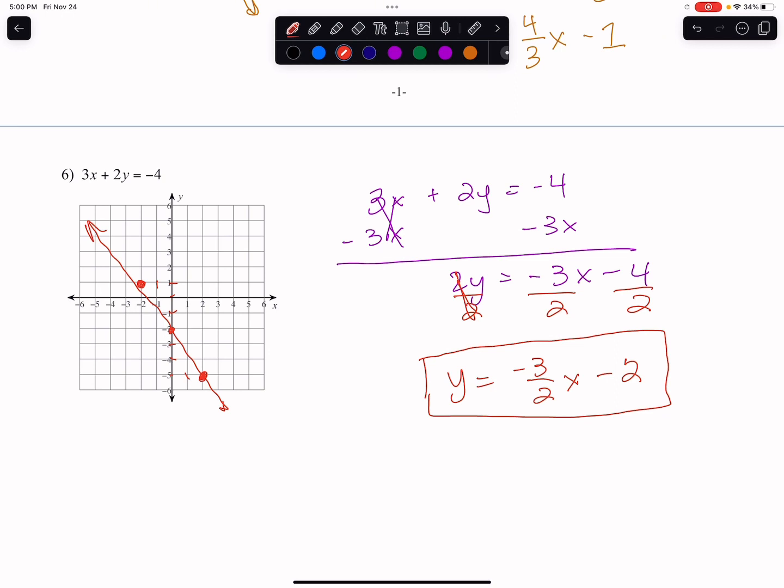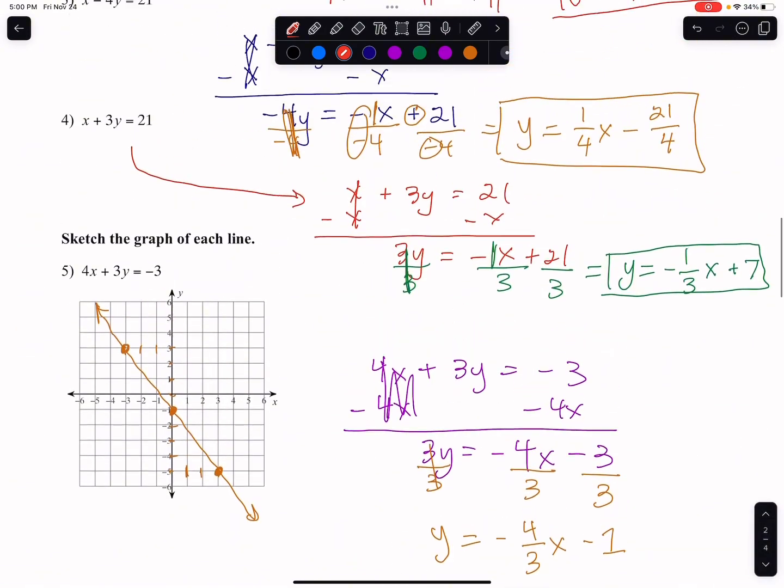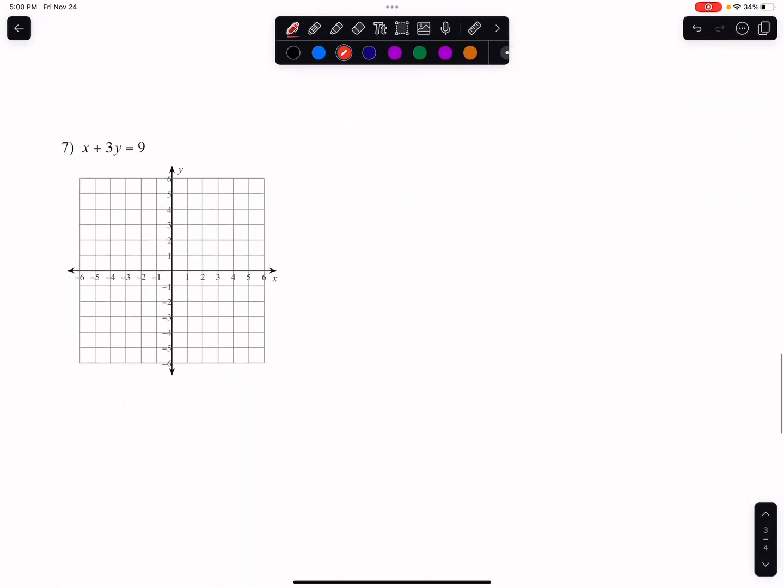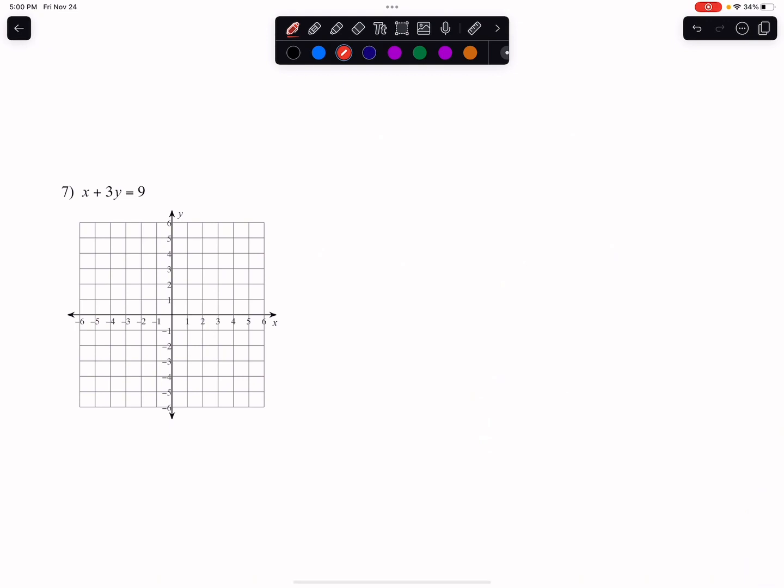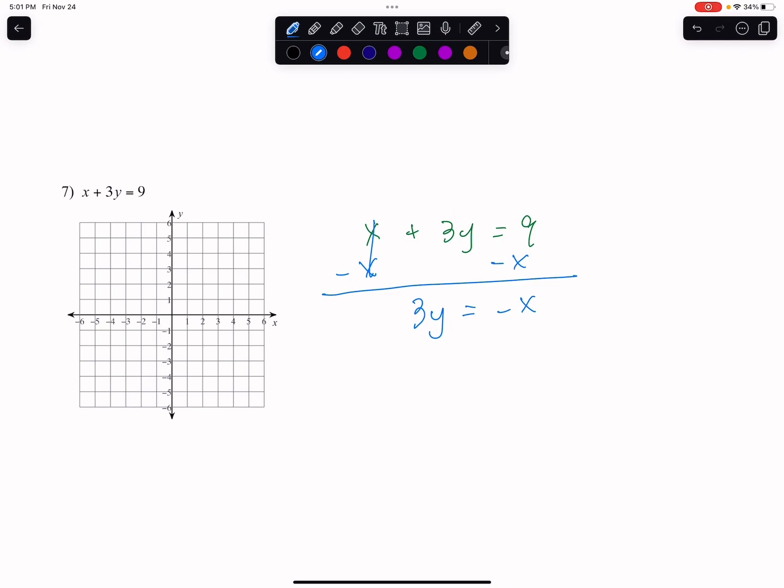And then the final one. Oh, wait, I think there's one more. Yeah, here it is. Final one. x plus 3y equals 9. We're going to subtract x from both sides. 3y equals negative x, and that 9 is positive, so plus 9. Now I have to divide everything by 3.